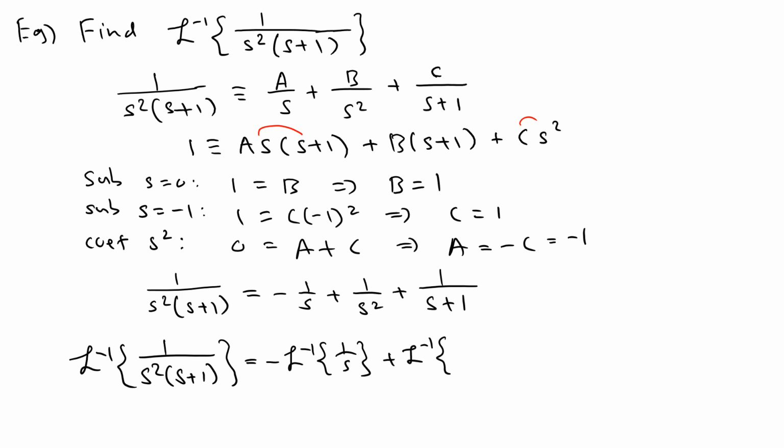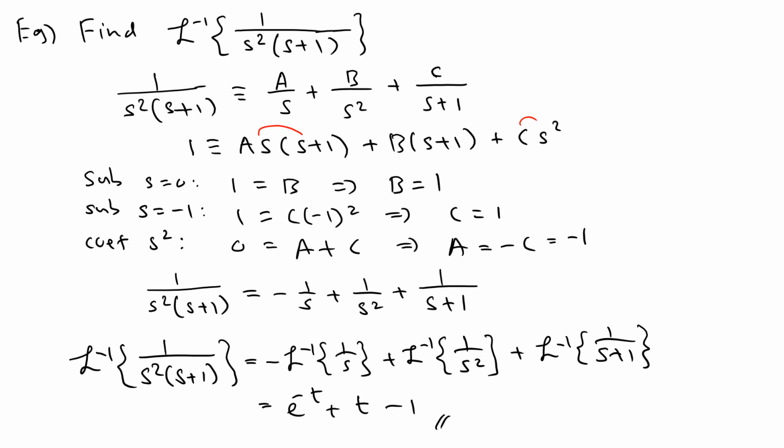And then we have L inverse of 1 over s squared, and then L inverse of 1 over s plus 1. Going term by term, I'm going to write the last one first, just to have a nice pattern here. We know that for s plus 1, the exponential function is e to the minus t, that's what you get from the last one. The middle one gives t, and the first one gives minus 1. So that's the inverse Laplace transform.